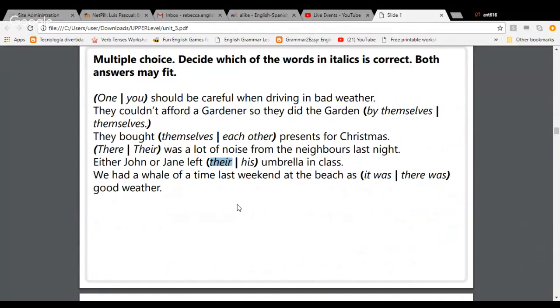Also, probably with transgender people and things like that, they might prefer their over his or her as well. Also, the gender neutral people that don't identify. So it's more complicated, but in general, in this case, we would use John or Jane left their umbrella.